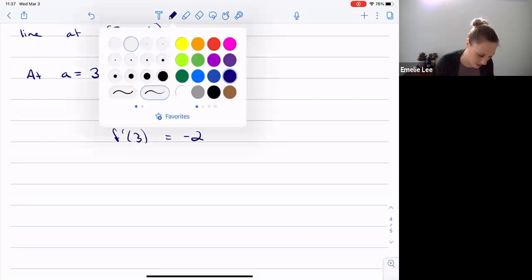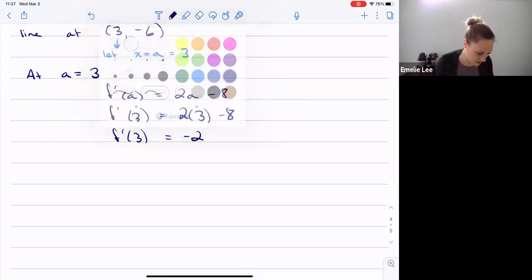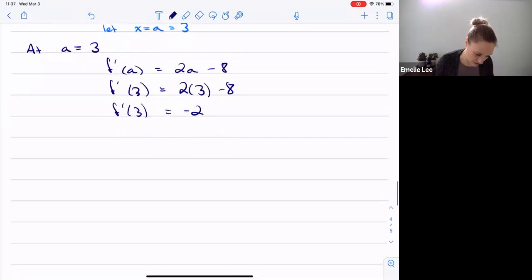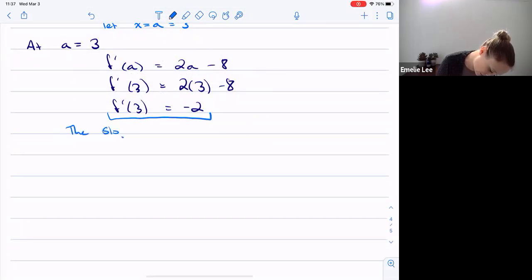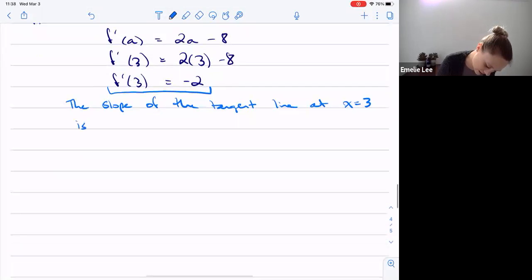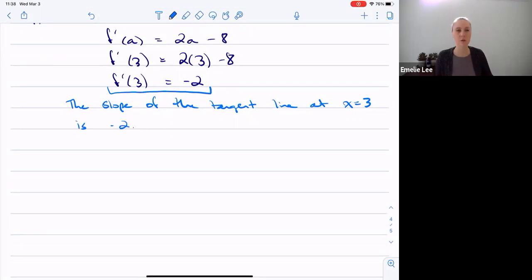I'll highlight that. The slope of the tangent line at x equals 3 is -2.